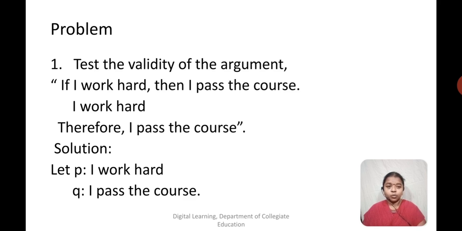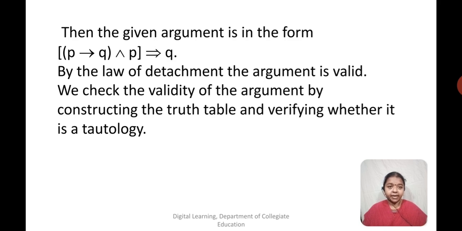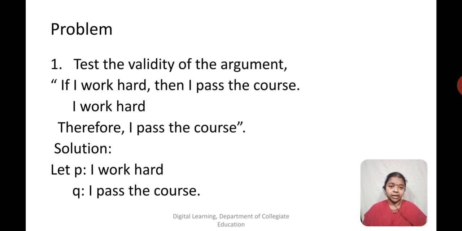Now let's see what happens in the next step. The given argument is of the form, let me go back and look into it again. It says if I work hard, then I pass the course. Now how do I write this in symbols? P implies Q, right?